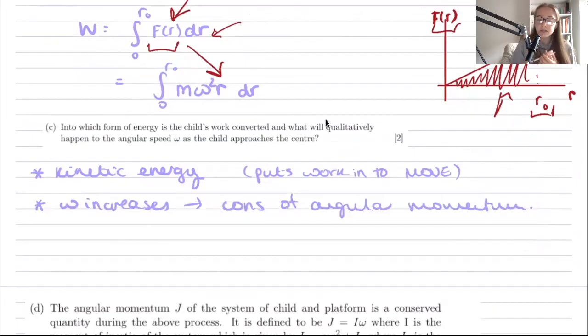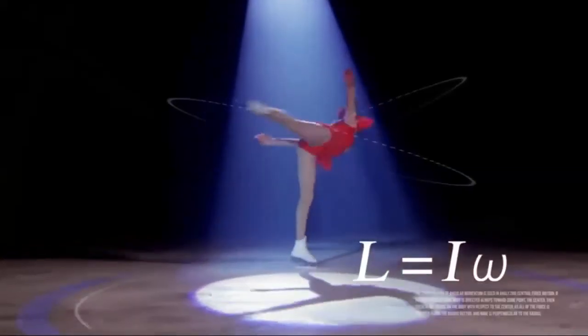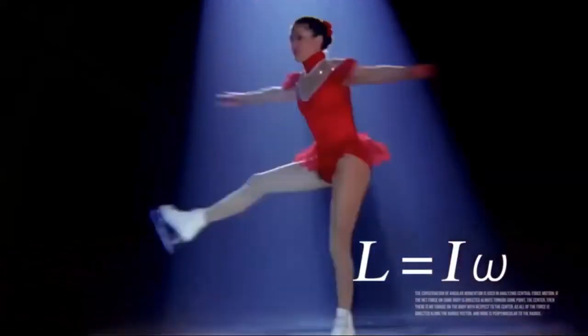I think the easiest way to interpret what's happening there is to imagine an example, right? As we move closer and closer to the center, our angular velocity is actually going to increase because of conservation of angular momentum. And I think a prime example of where this happens is if you imagine a ballerina or a figure skater as they do a pirouette. As their body and their arms and legs are extended, they travel slower.